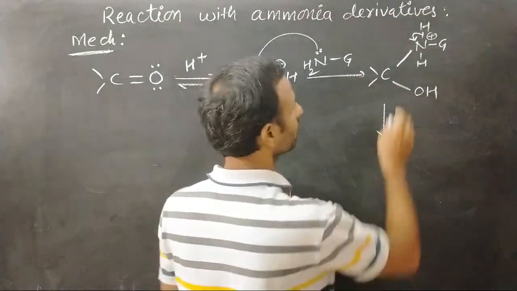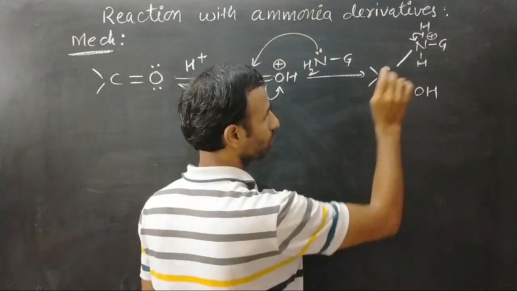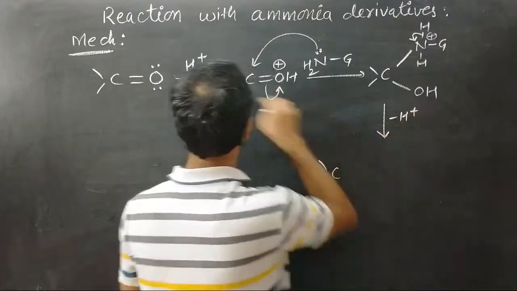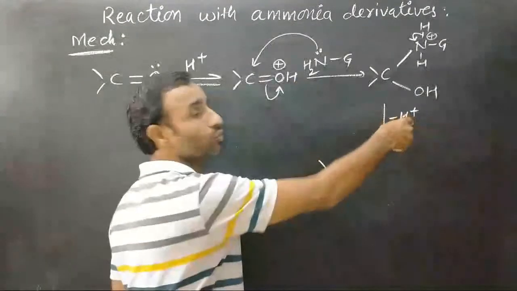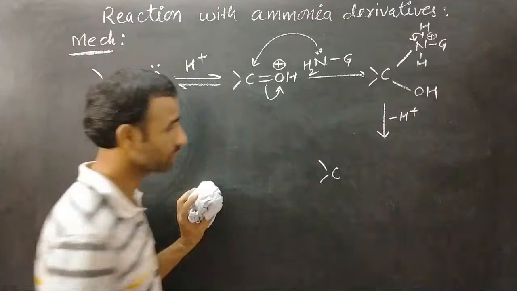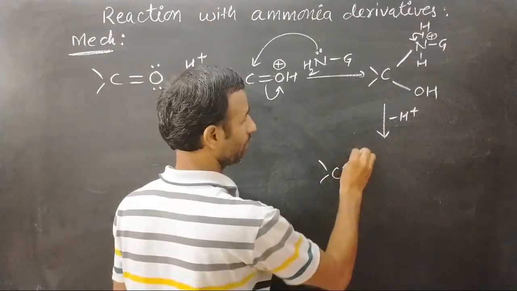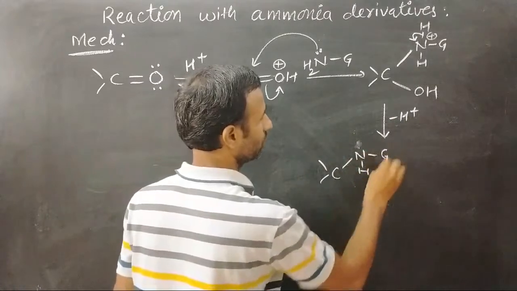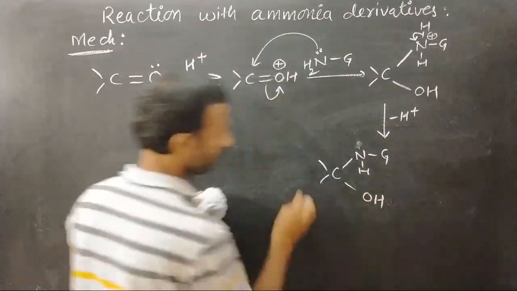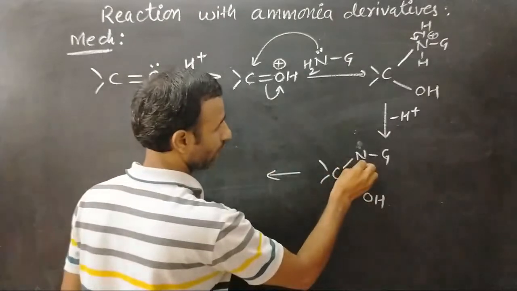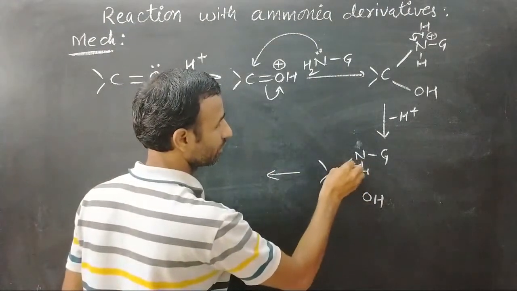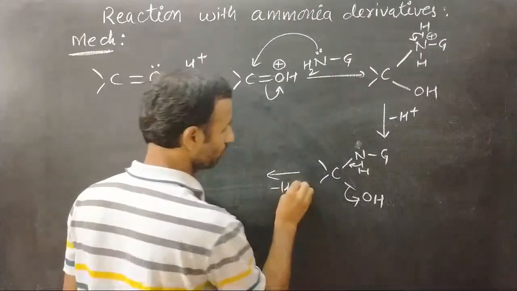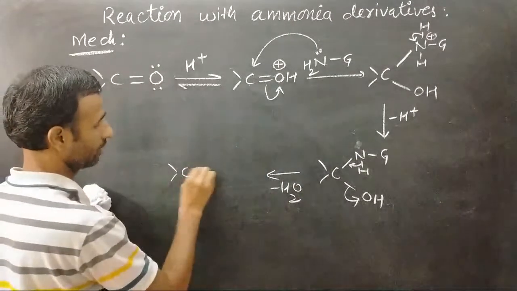The H plus used here is removed, which means the acid is a catalyst. Then it becomes NHG and OH, and now H as a positive ion and OH as a negative ion, means water is removed.